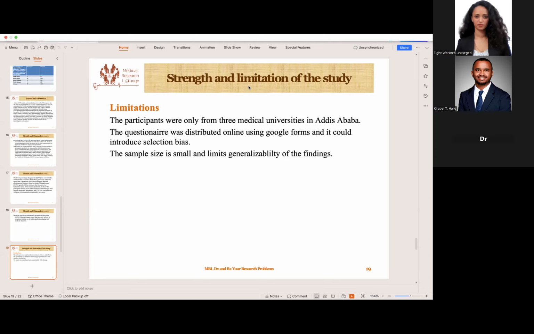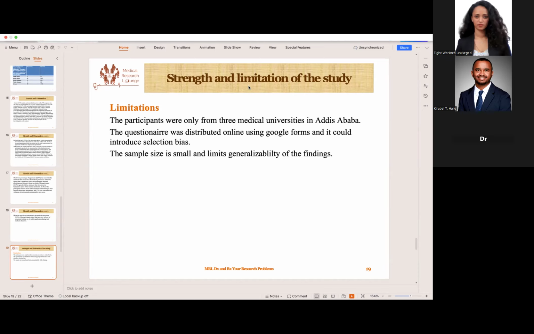Most of my students also do the same thing. After they report, they just go directly to the limitation of the study. You have to show the strength. My study, this is the first of its kind. I have included multi-centers and stuff like that. Then after that, you can show the limitations. So please add your strength when you submit it for a journal.